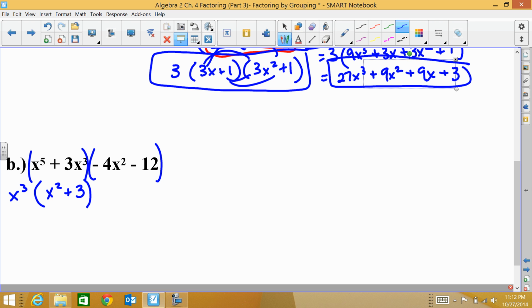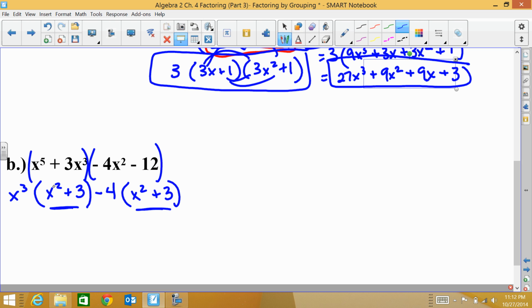Anytime you see a negative, you will probably pull out a negative number as your greatest common factor. So the greatest common factor of negative 4x squared and negative 12 would be negative 4. And so I'm going to put a negative 4 in front. And if I pull out a negative 4, then I would have positive x squared and then positive 3. So you'll see that that makes these two terms the same, which is what you want.